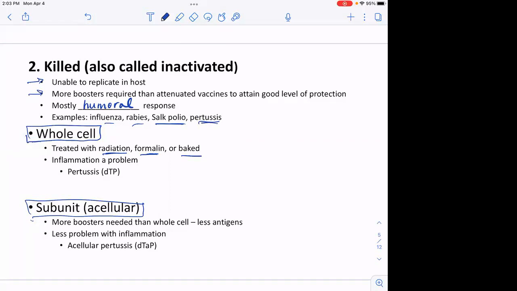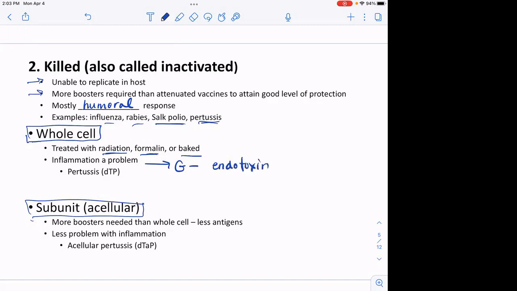The big drawback with a whole cell vaccine comes in the case where you have a gram-negative pathogen. So remember what's on the outside of the gram-negative cell wall. That lipid A, we also call that endotoxin, right?